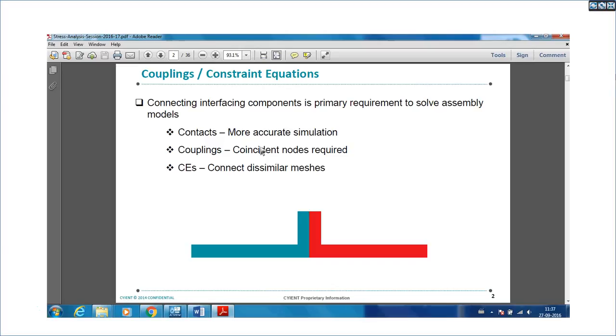So to reduce the runtime, we have other techniques to connect the interfacing components. Those techniques are either couplings or constraint equations. Generally contacts are more accurate. Couplings are generally used for coincident nodes, meaning the nodes should be coincident, and constraint equations we can use for dissimilar meshes.